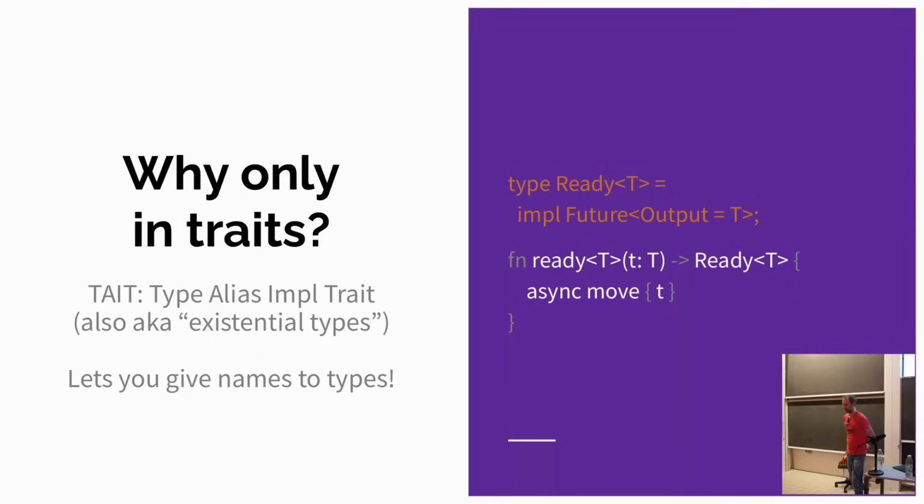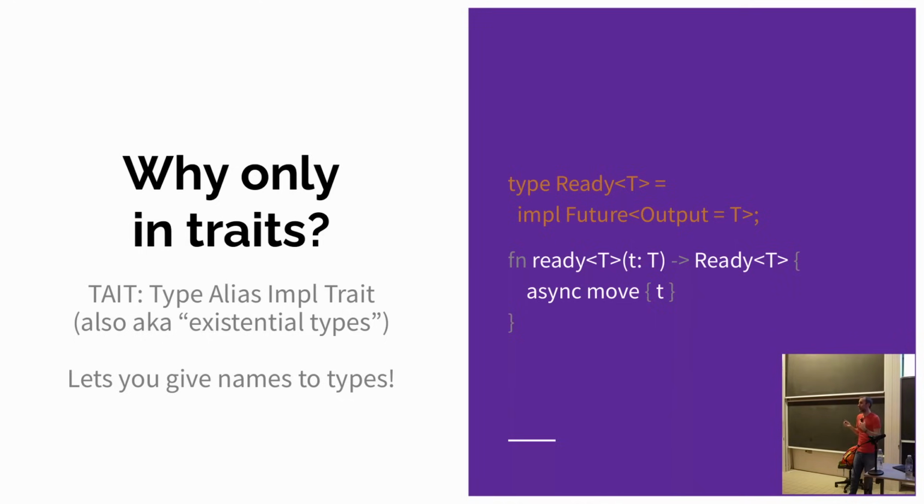What you answered to that question before is that this is not going to work because the inside type is not the same. Or did I get that wrong? So the question is, if you have two functions here, one like this and one that's ready in 2 seconds, that one will have an async move and then a timer sleep and then returns the t.